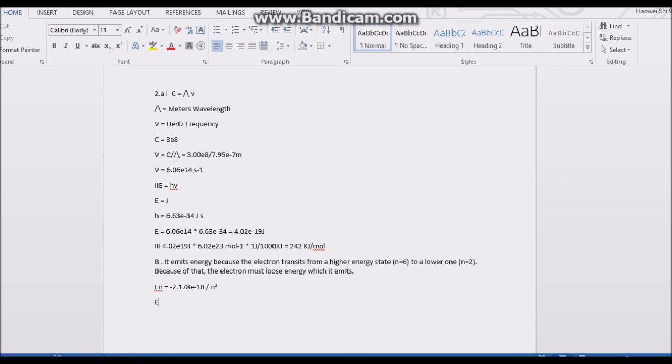So E6 equals negative constant divided by 6 to the 2nd power. Let me use my calculator; for that we yielded a value.